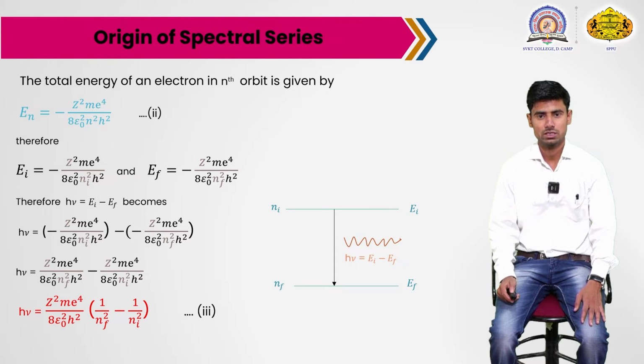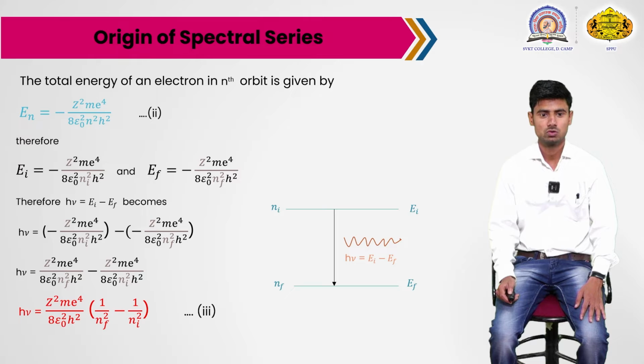So we have expressed in the previous lecture the total energy as En equals minus Z square m e power 4 divided by 8 epsilon 0 square n square h square. Now in this expression you can observe that the energy is inversely proportional to n square, and the negative sign indicates that the electron is bound to the nucleus. So I can express the energy of the upper level, that is the initial level, whose principal quantum number is ni, as Ei.